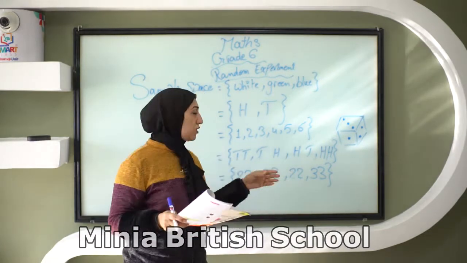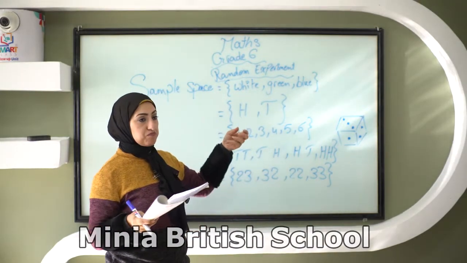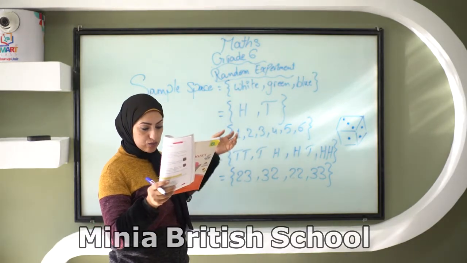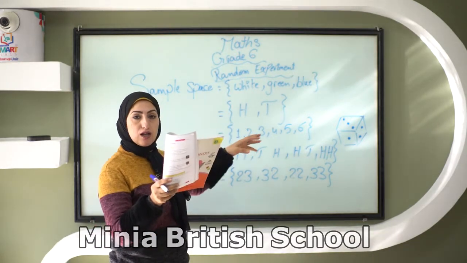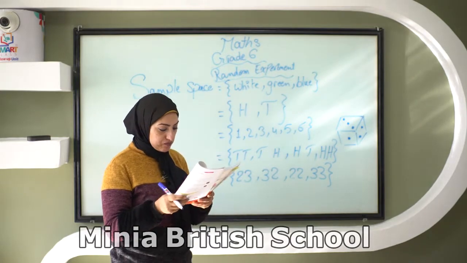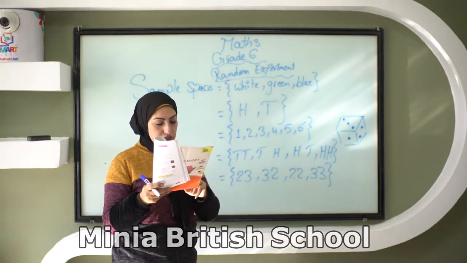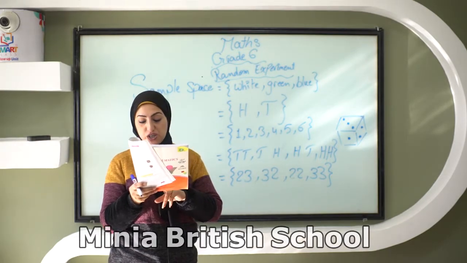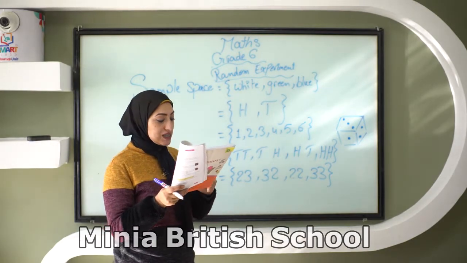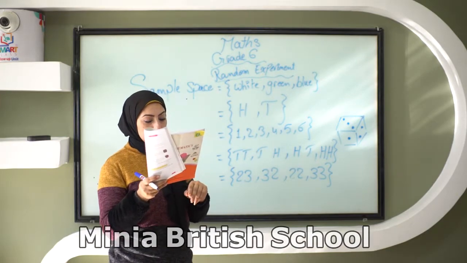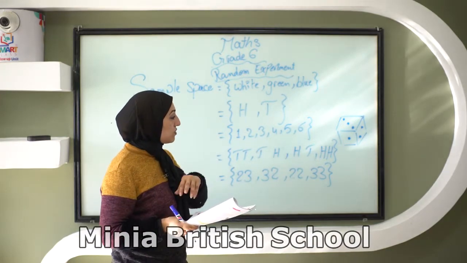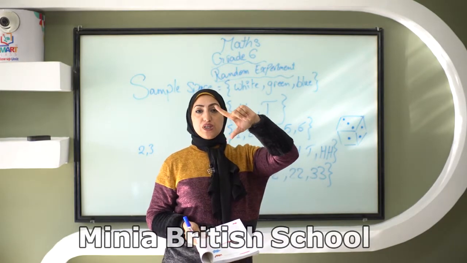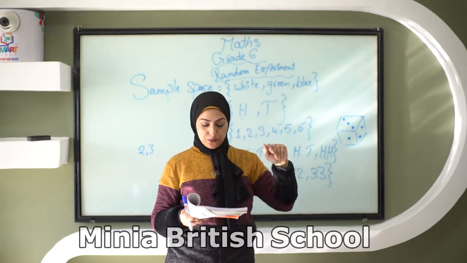I only write the colors: red and yellow only. In the experiment of tossing a die under the condition that the number of dots on the upper face is odd, write the sample space. If I want the odd only, it will be 1, 3, and 5.